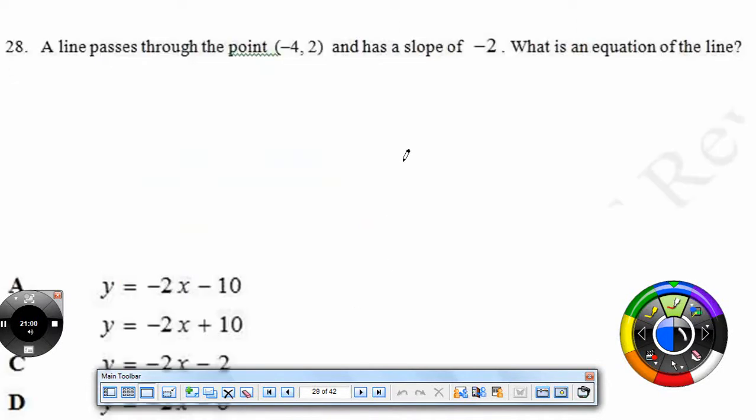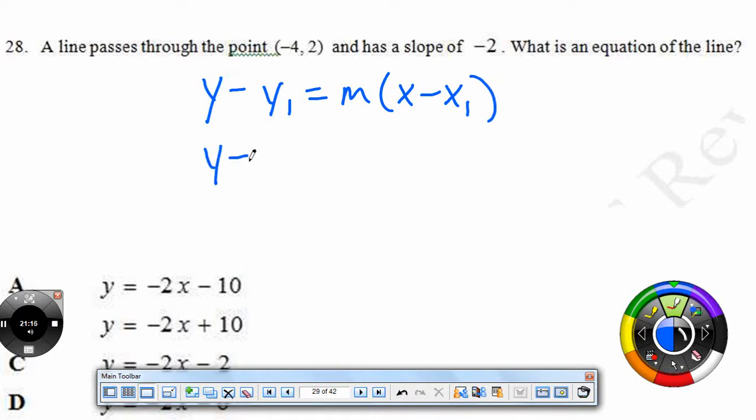28. Okay, this is a good one. Whenever you have a point and a slope, you should use the point-slope method. So y minus y sub 1 equals m times x minus x sub 1. So y minus 2 equals the slope, and then x minus a negative, so that's going to be x plus.